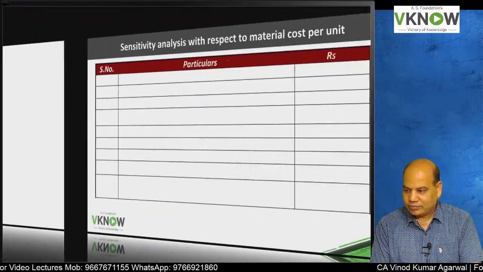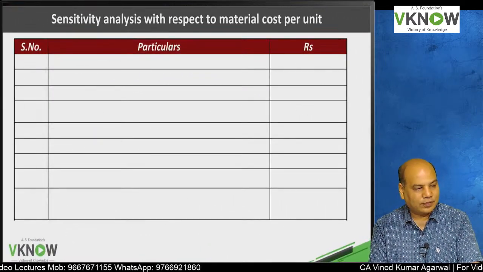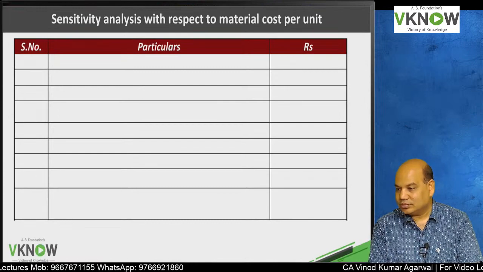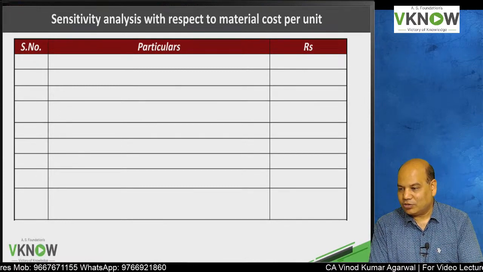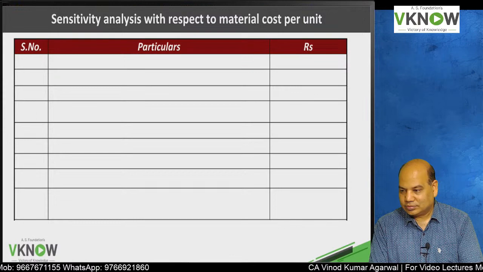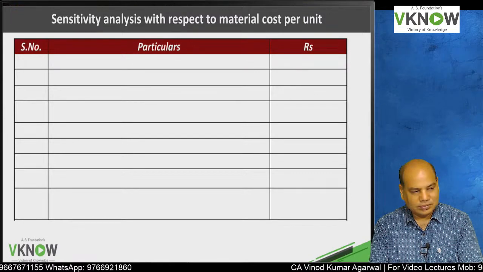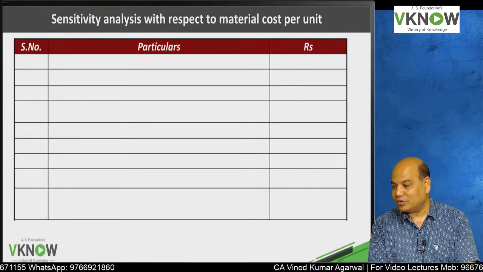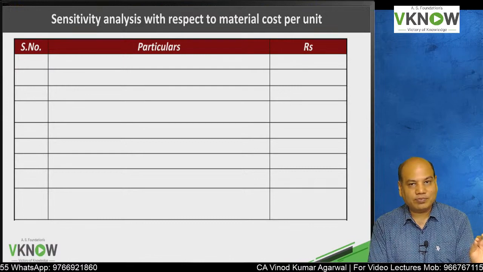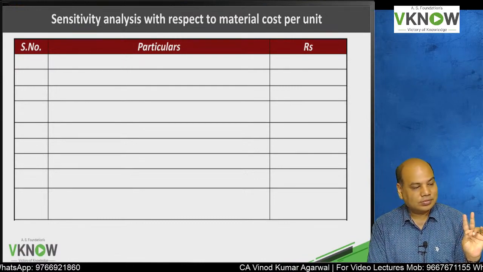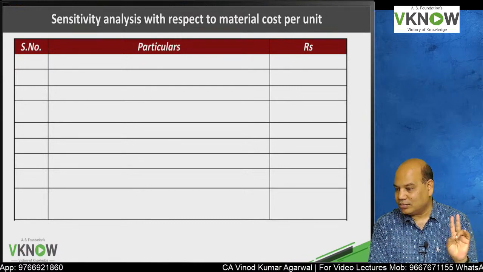Time over. I will solve, you will check. Because the paper is of 3 hours only, you have to solve in the given time period. Still, if somebody wants to reply, you can. I am waiting for 2 more seconds.